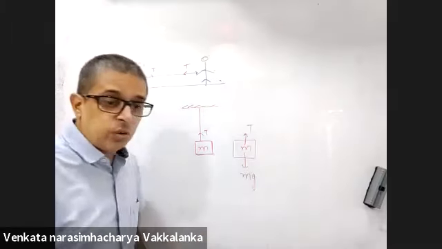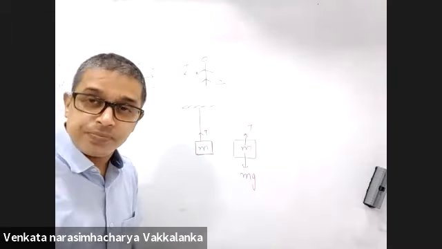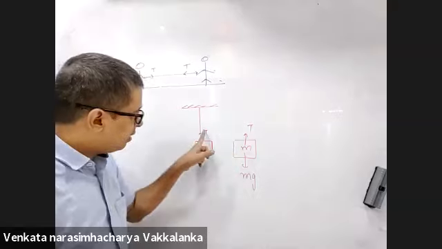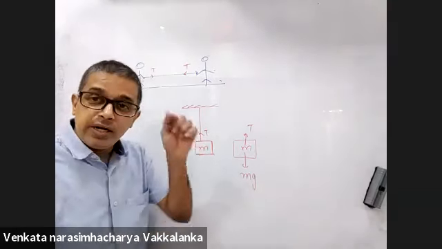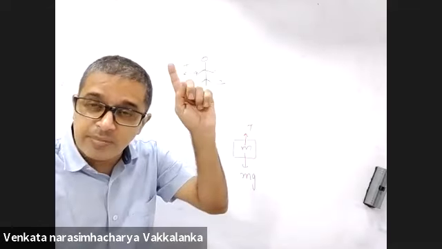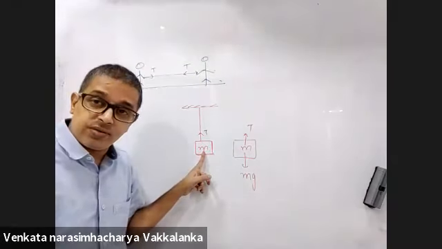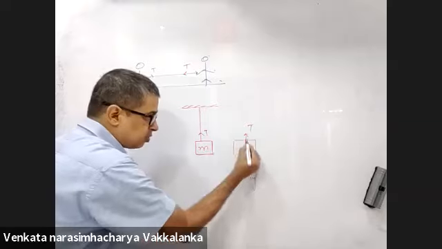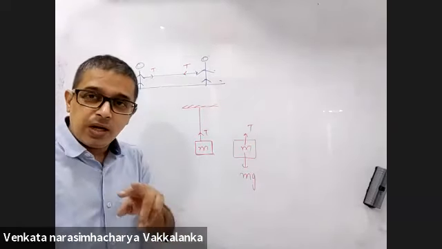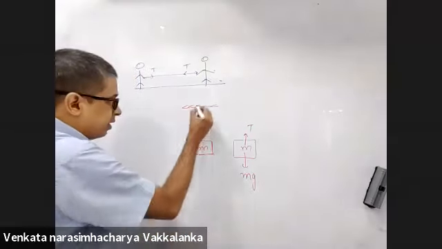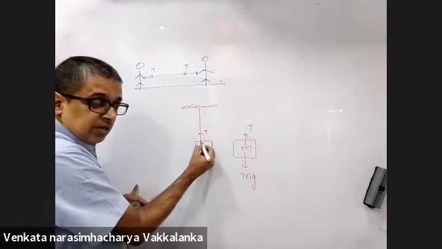This is the way you draw the free body diagram. Tension in the string is balancing the weight. Tension is acting away from the mass with respect to the mass. Second, the string is massless.